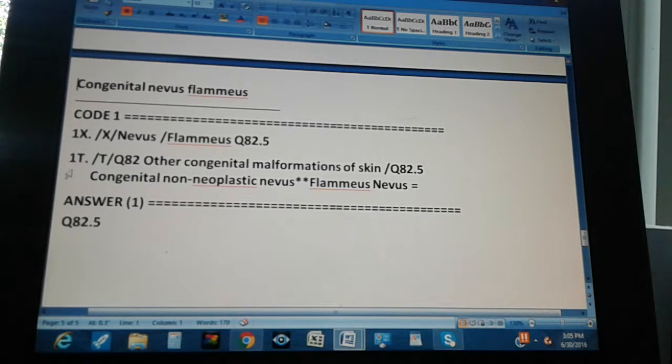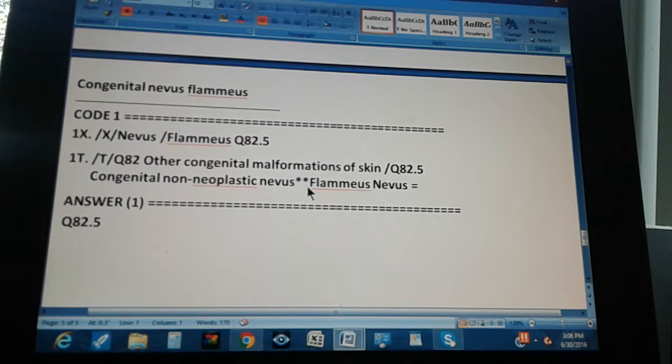Now we're going to check this code in the tabular. You go to the tabular and you start with Q82. What's Q82? Other congenital malformations of skin. It means some defects in the skin that are present when you are born. So we add one more character from the index, which is 5. What is that? Congenital non-neoplastic nevus.